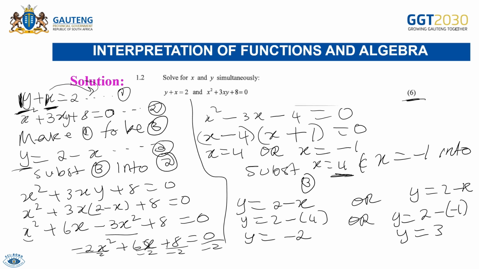So when x is negative 1, y is positive 3, because when we are talking about these two equations, equation 1 and equation 2, we are finding the points of intersection whereby that straight line intersects that parabolic graph. So again, the value of x is 4, so the value of y is negative 2.